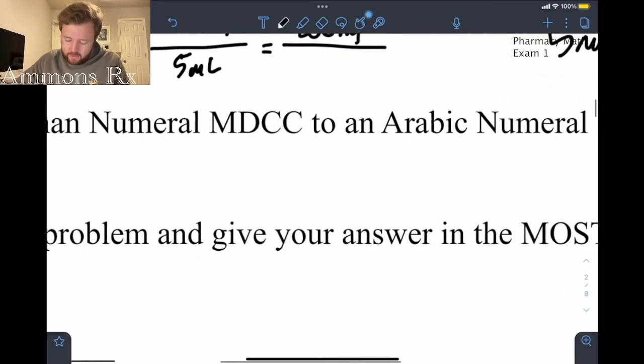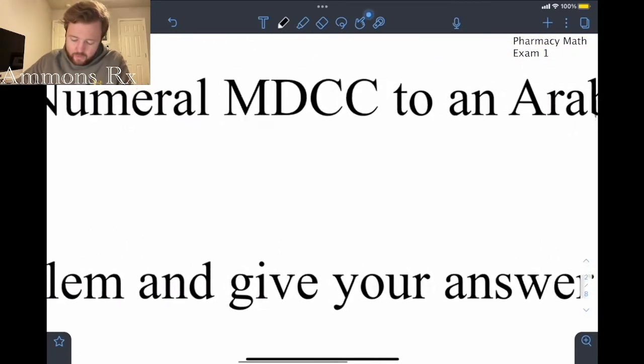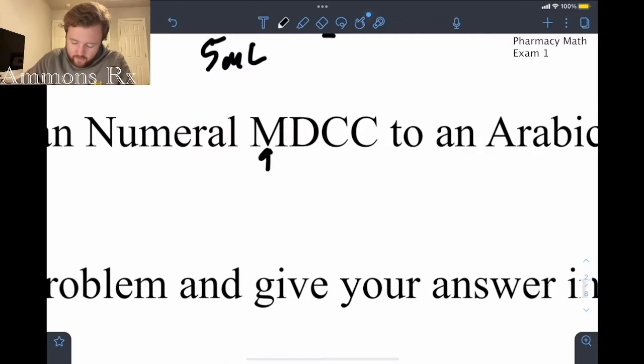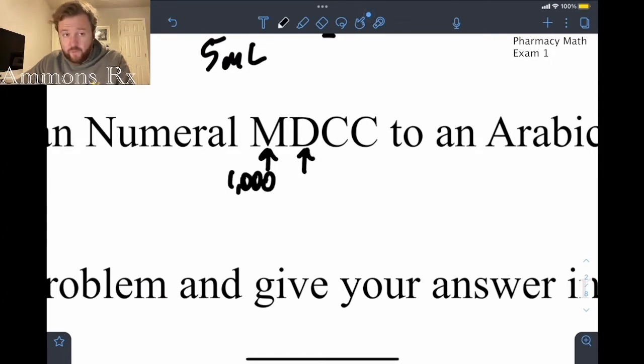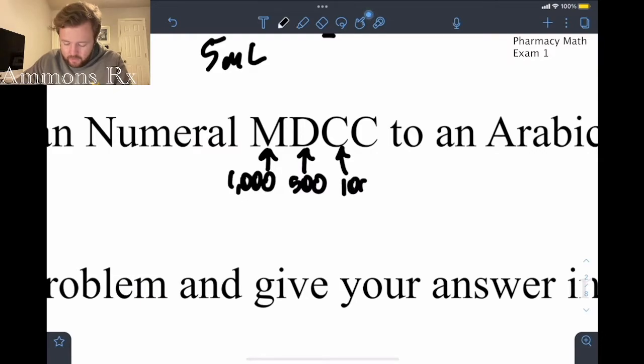Oh, MDCC to Arabic. So we have M, which is 1,000. We have D for decade. So just remember that decade 10. Sorry, no, it's not 10. 500. This is 100.